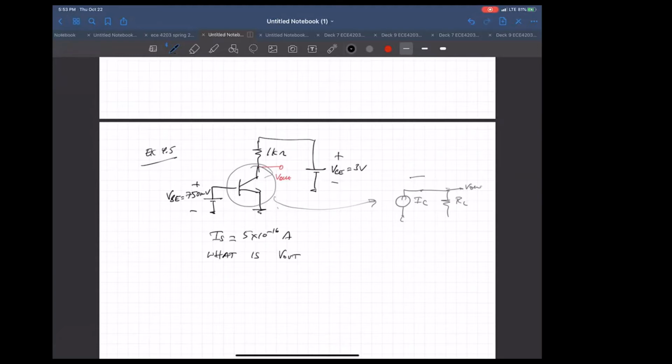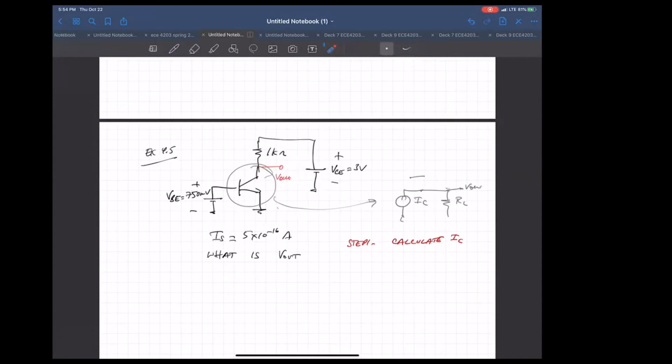As a hint, step 1, calculate I sub C. You have the equation for I sub C, which is a function of VBE and I sub S. For that, you can calculate I sub C, and then you can do a KCL on the output node.